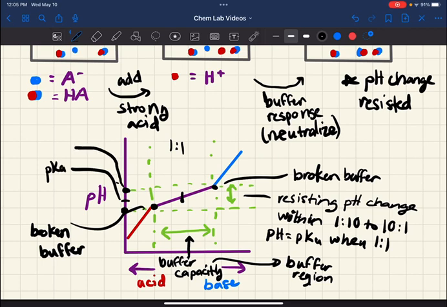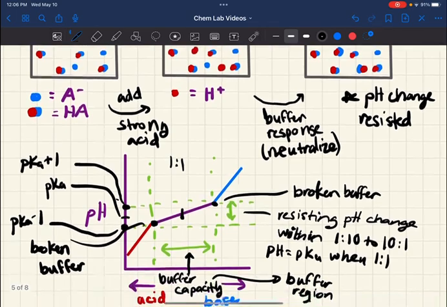The maximum would be pKa plus 1 because of the 10 to 1 ratio. And the minimum would be pKa minus 1. So that's what you should expect to see for when your buffer would break, once your pH has exceeded or fallen below plus or minus 1 of that pKa value for the acid that you're comparing with.